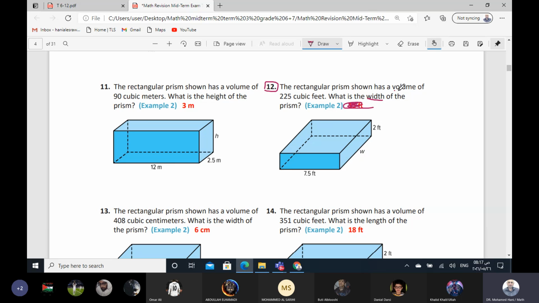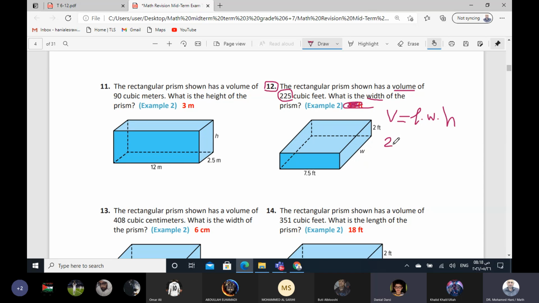Here we have volume, which means write the rule of the volume. V equals length times width times height. What is the value of the volume? 225.